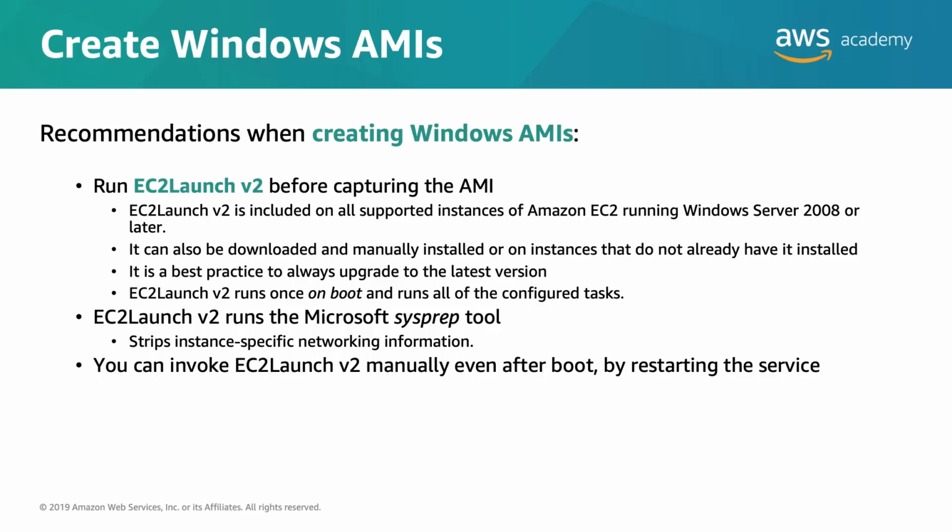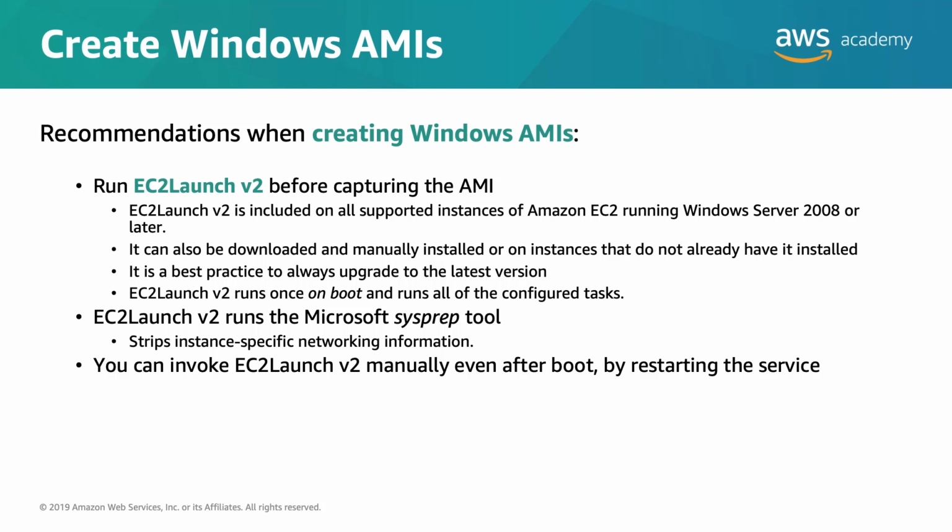EC2 Launch v2 is available by download, by installation from SSM Distributor, and on all supported Windows AMIs. It runs as a Windows service on the instance. EC2 Launch v2 performs tasks during instance startup and runs if an instance is stopped and later started, or if it is restarted.